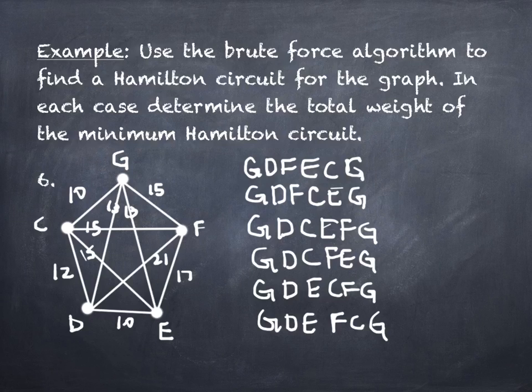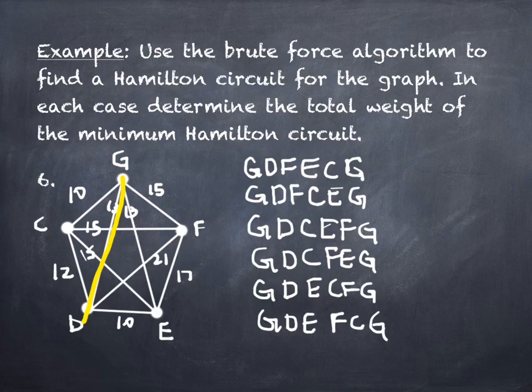Alright, so what we next need to do is figure out what the Hamilton circuit weights are for each of these. And I'll just do a few of these to give you an idea of how they would work. And we'll do that based on the picture that we've got next to this. So I've got to go G to, and we'll do the ones that are on this screen actually. So I've got G to D, so that's this piece, and that's 13.